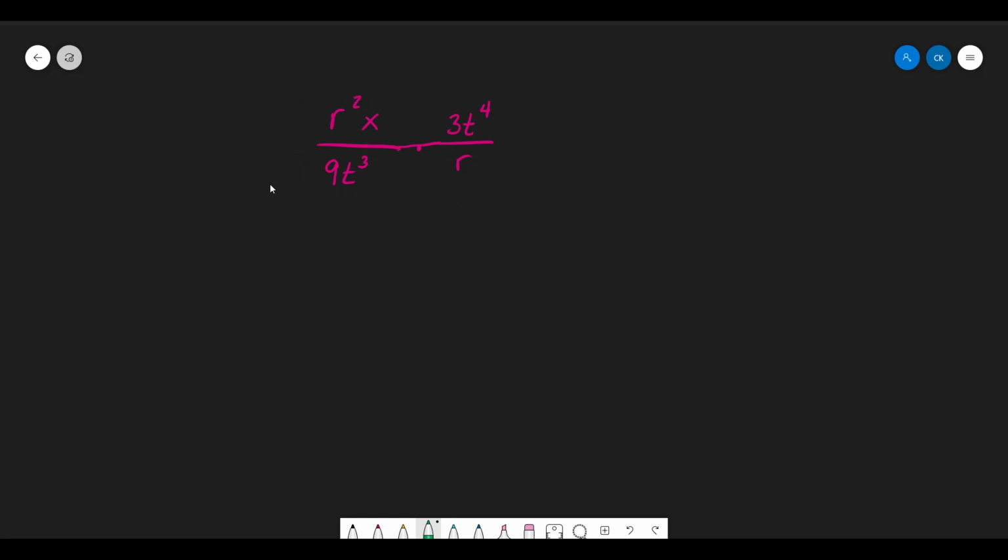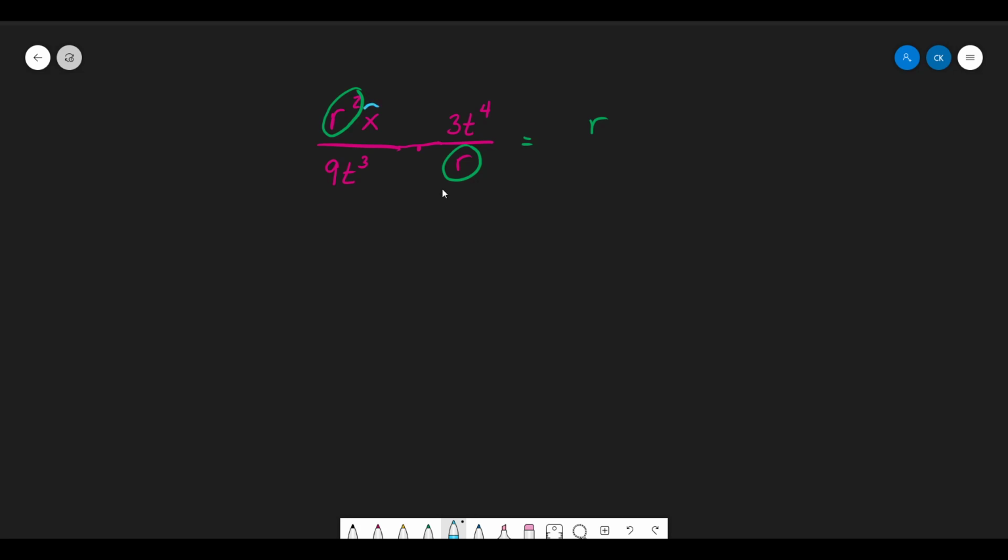If anywhere in the bottom I see an r or an r squared or something that has r as its base, I can look to simplify. Well, here I have an r squared. Here I have an r. And we should remember that r squared over r, I subtract the exponents, so I'm going to get an r in the numerator. 2 minus 1 gives me that 1, so this is an r in the numerator.